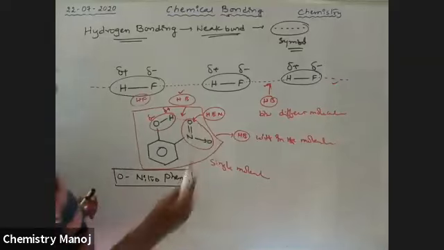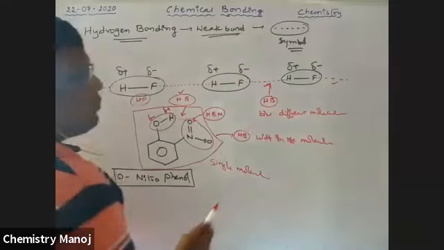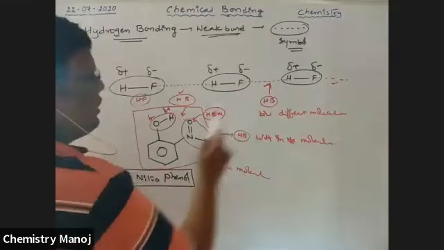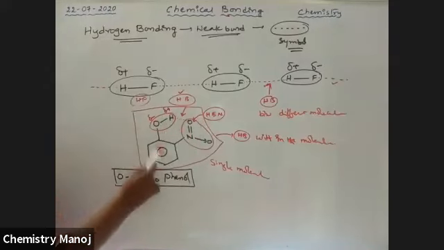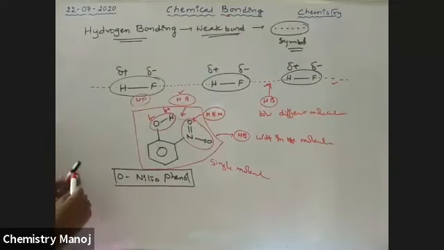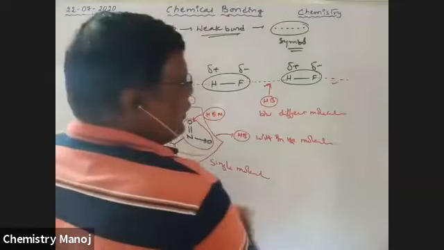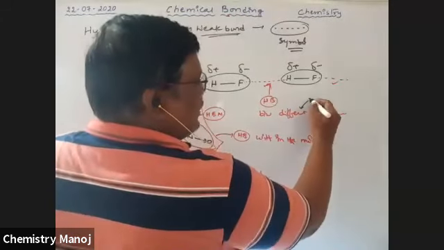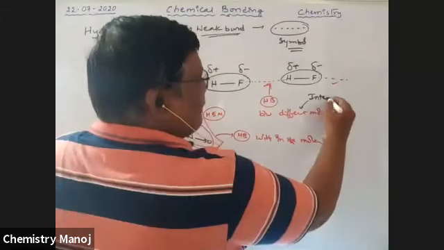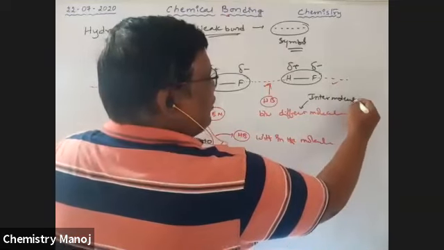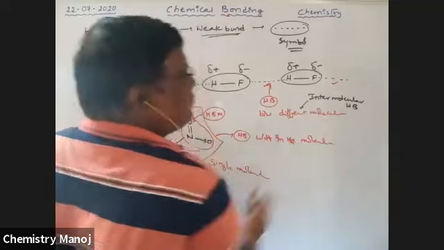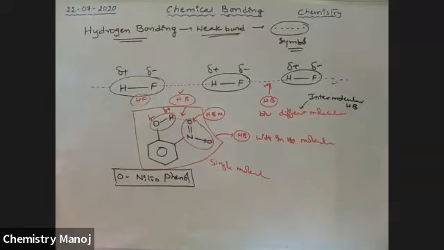So that means hydrogen bond is of two types: hydrogen bond formed between the molecules, and hydrogen bond between two groups of the same molecule. This type of hydrogen bond between the molecules is called intermolecular hydrogen bonding.